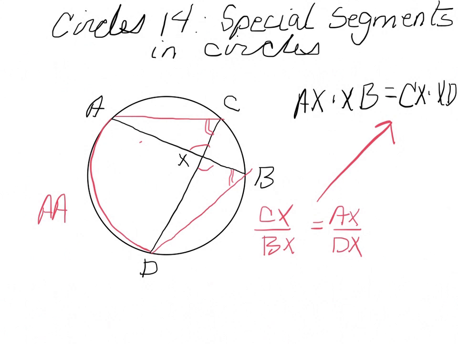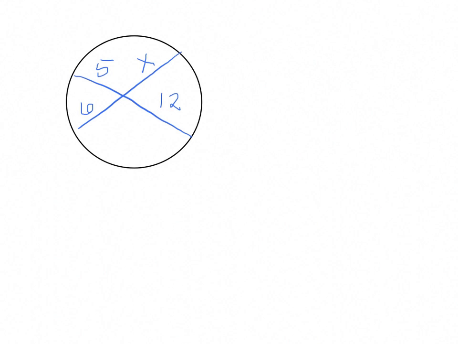So let's look at an example. So here's a very simple application. What we see is we have two chords intersecting in a circle, and therefore, according to the theorem, the two pieces on each chord, if you multiply them together, they're equal to the product of the two pieces on the other chord.